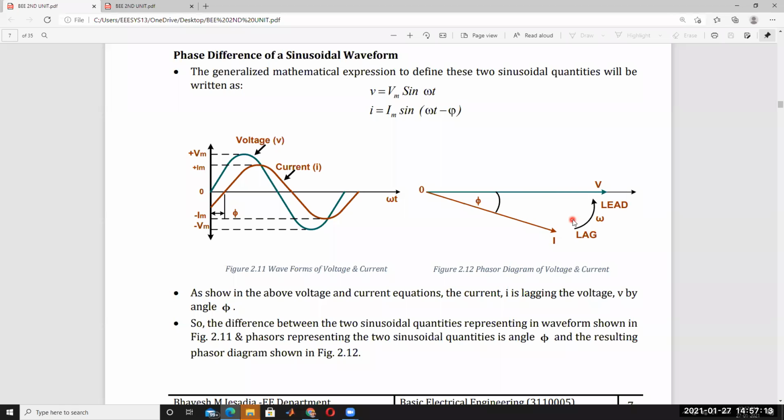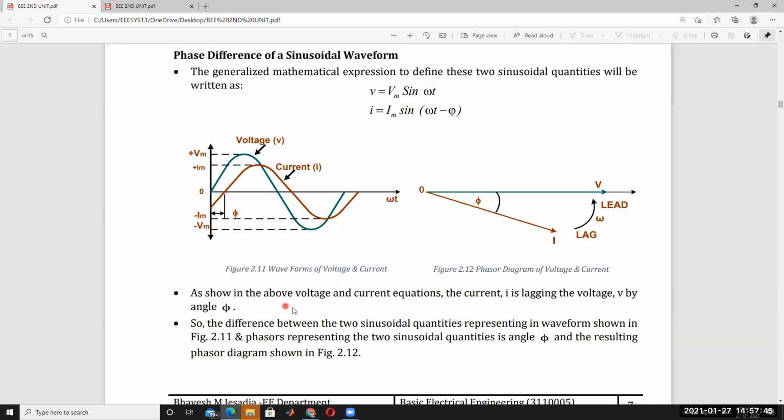In this way, there are two ways to express it. Voltage leads the current by pi degrees, otherwise current lags the voltage by pi degrees. Current is lagging, voltage is leading, because of current I is equal to Im sin omega t minus pi degrees. It's clear. So in this way, we have to express the sinusoidal phase difference waveform.